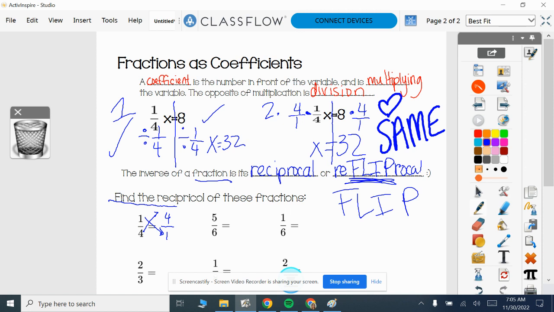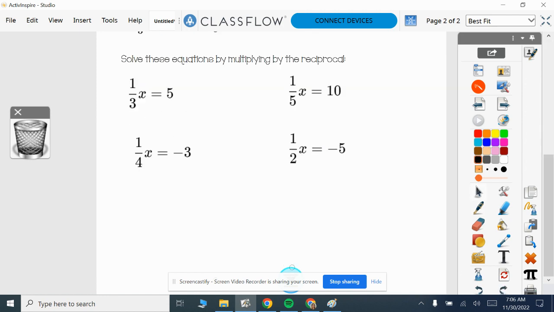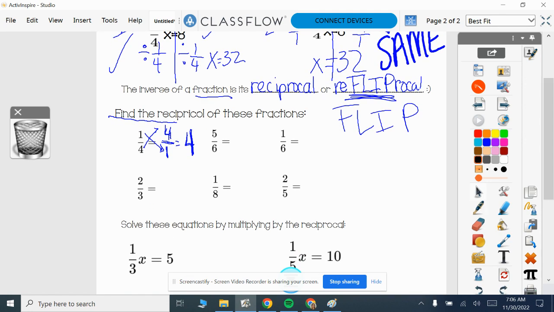Okay? All right, so let's try. Oh, actually, one more thing. So 4/1, we know that 4/1 is the same as 4. So that's what happened up here, is we basically multiplied 8 times 4. All right, let's go down. So the reciprocal of 5/6, let's switch to purple. 6 is going to go up top, and 5 is going to go on the bottom.